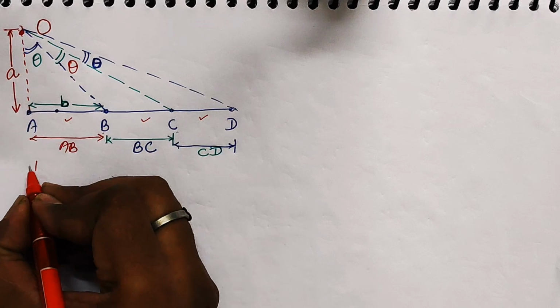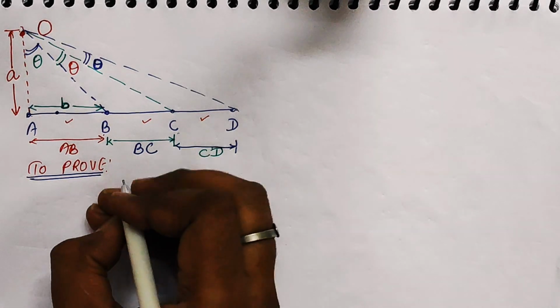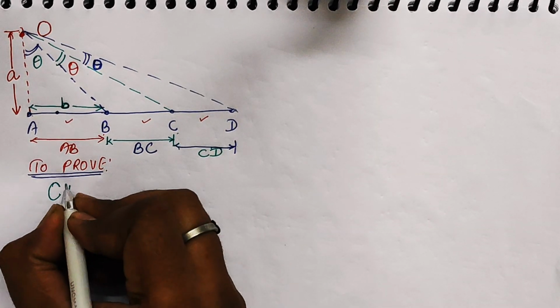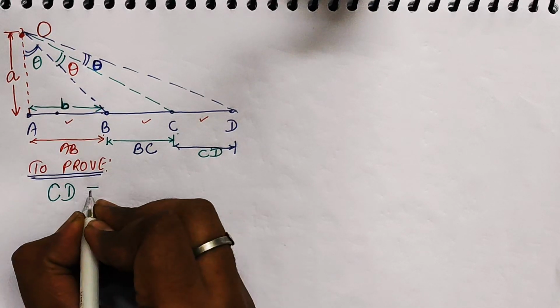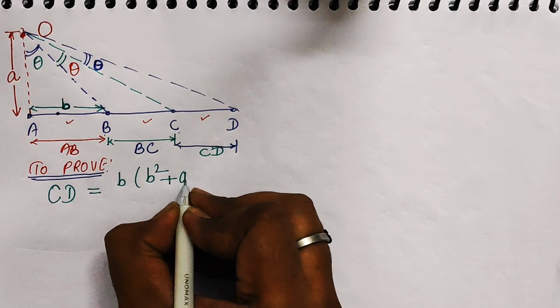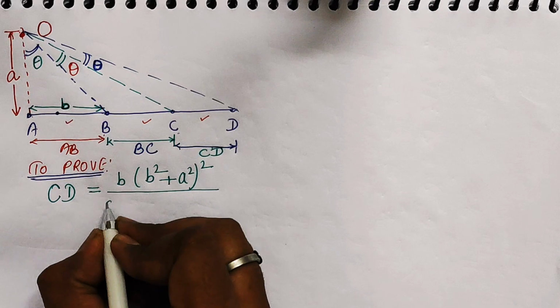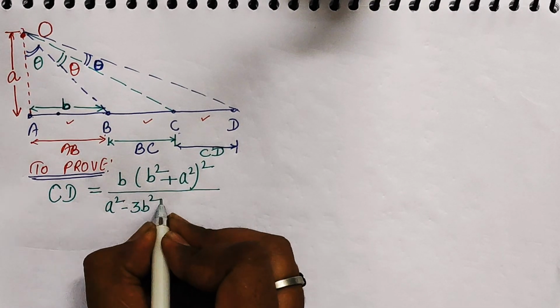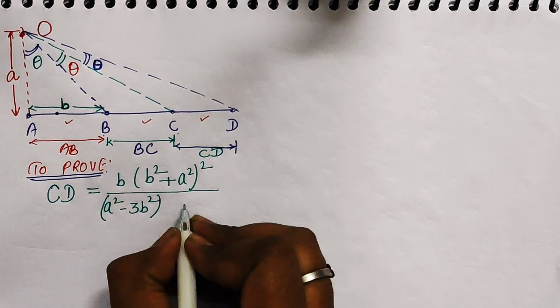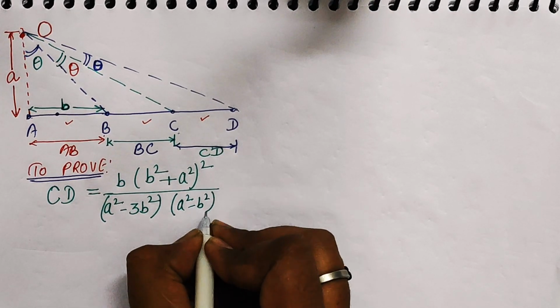Then what do we need to prove? We need to prove that the length of CD is equal to b times (b square plus a square) whole square, divided by (a square minus 3b square), and in the denominator another bracket, (a square minus b square).